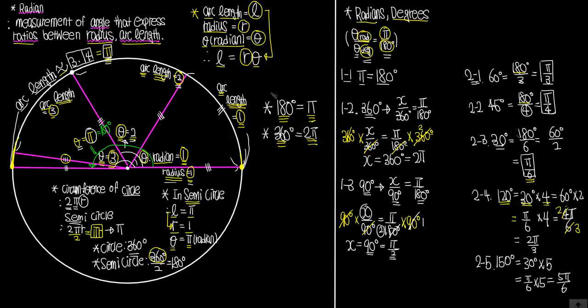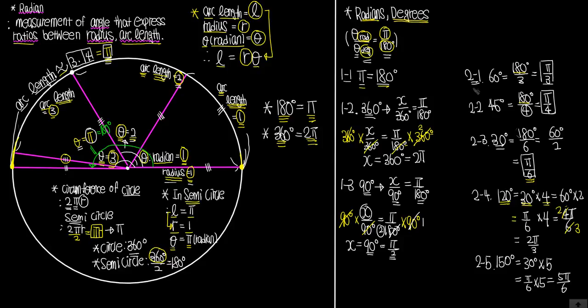And also, we could derive the formula and solve radians to degrees in this case. There are two ways to do it. The first way is to use proportions, where pi over 180 degrees is theta in terms of radian over theta in terms of degrees. The first set of problems we solved using this proportion.